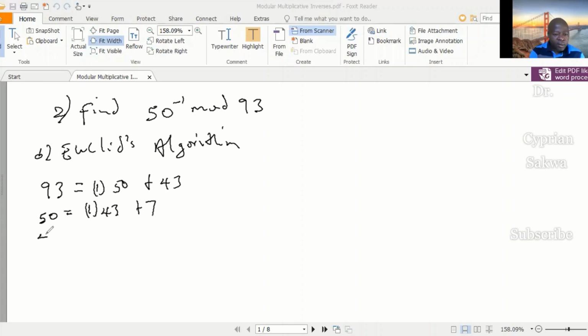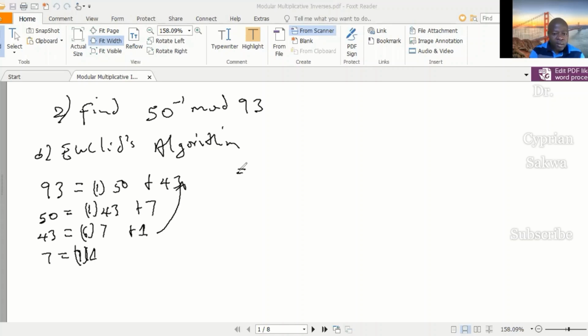7 into 43, we got that 6 times, and the remainder is 1, and then 1 into 7, we got that 7 times, and the remainder will be 0. So 1 is the GCD, so we reverse this.